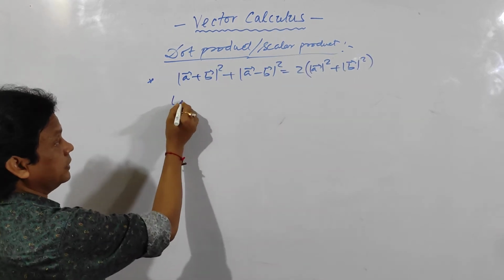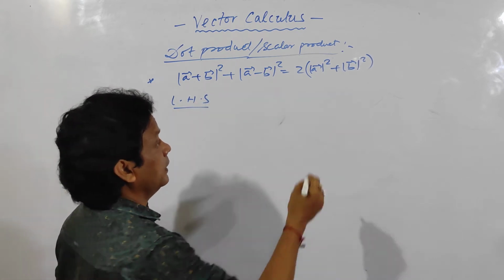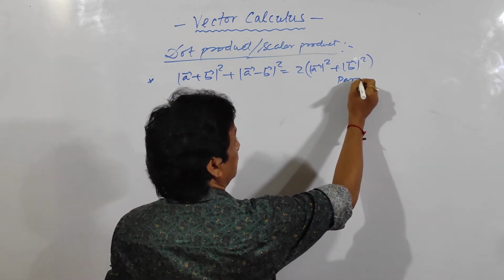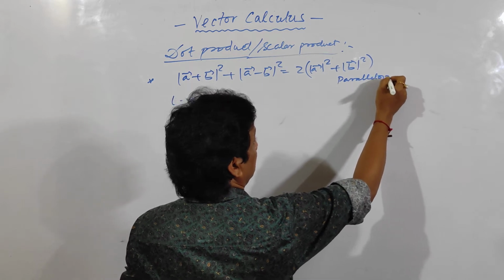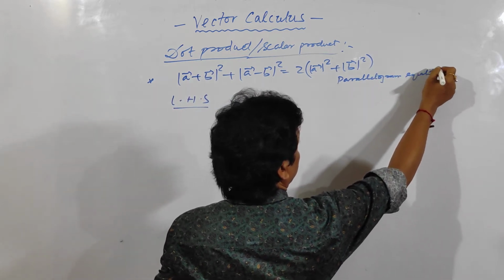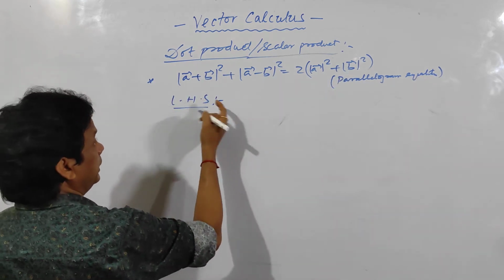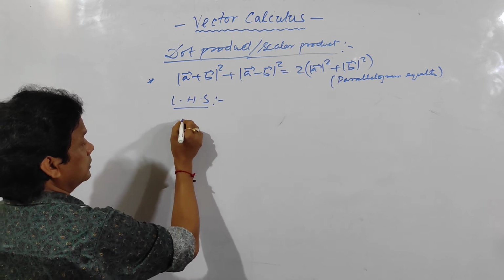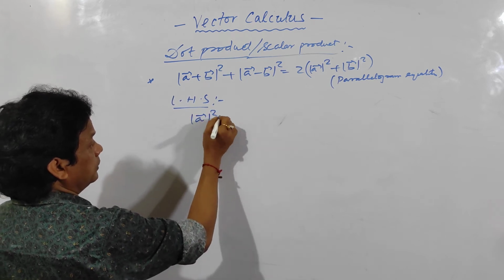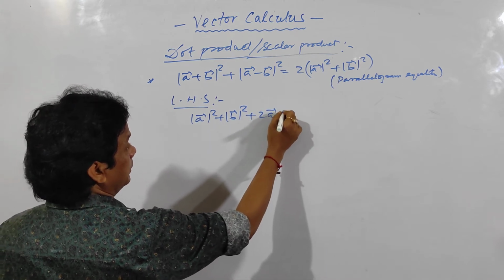See here, this is the parallelogram equality. Already I have told you in the first property, |A + B|² means |A|² + |B|² + 2 A·B.